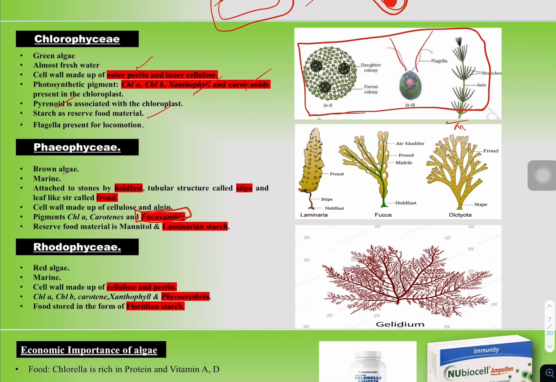Here the thallus is a bit developed and stands erect, attached to a solid substratum, whereas the green algae do not stand erect, they just float on the water.